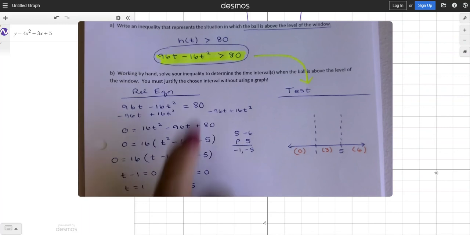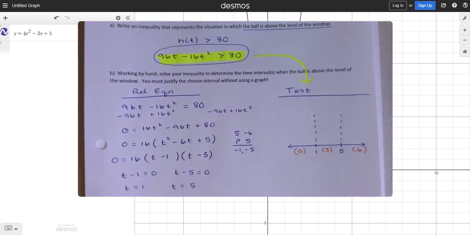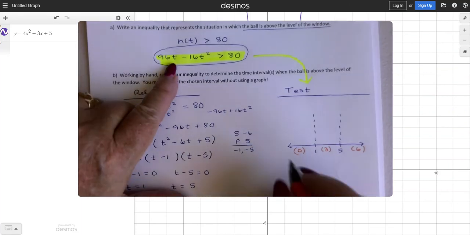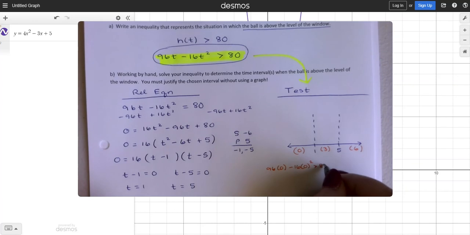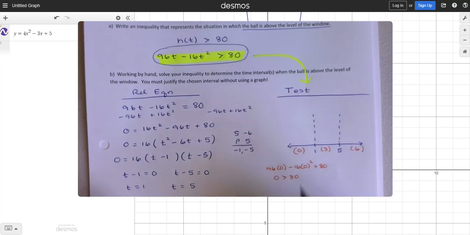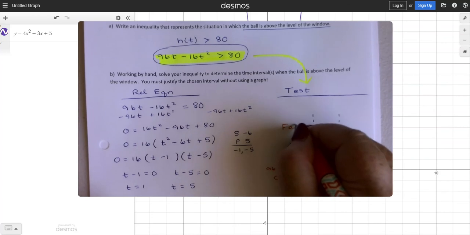Now, I actually didn't get this one to have 0 on one side, but we could still do it. Mostly I like to do that, but let's just see how it works. If I plug in the 0, I'm going to get 96 times 0 minus 16 times 0 squared greater than 80. That says 0 greater than 80, which is clearly false, and that's what I expected.